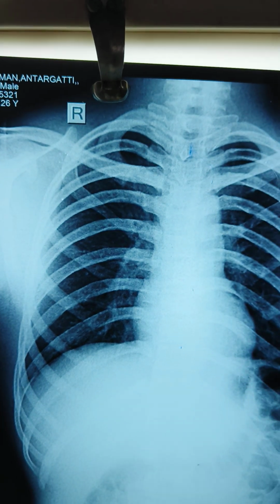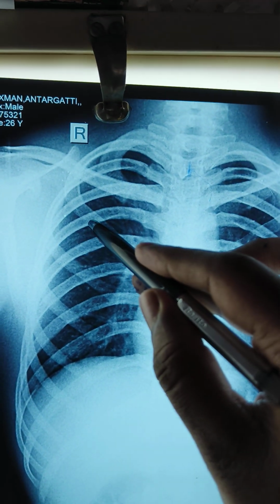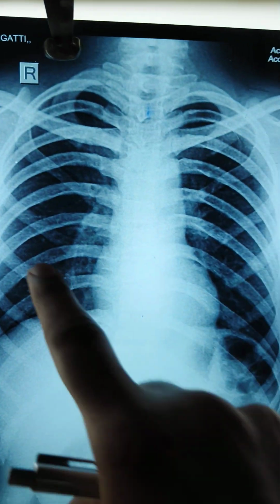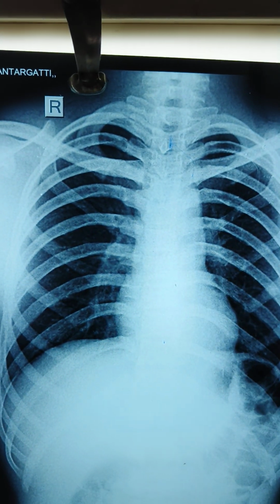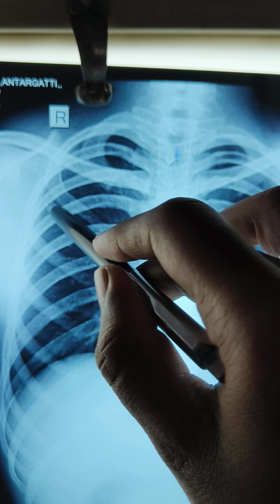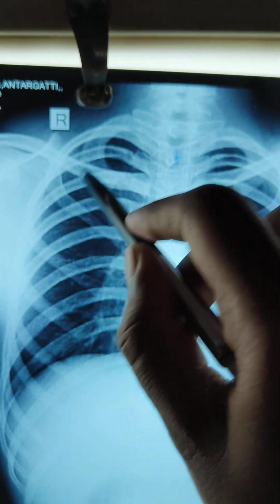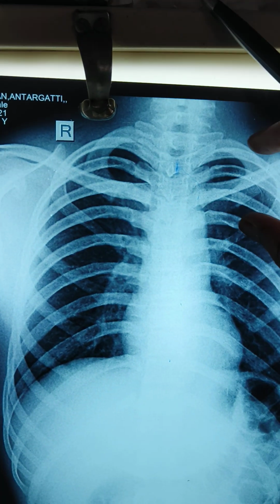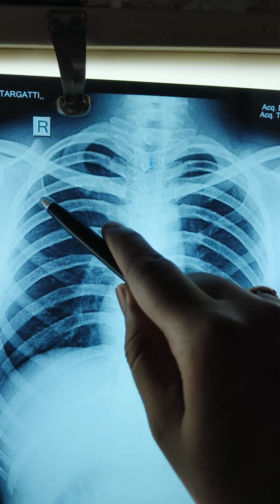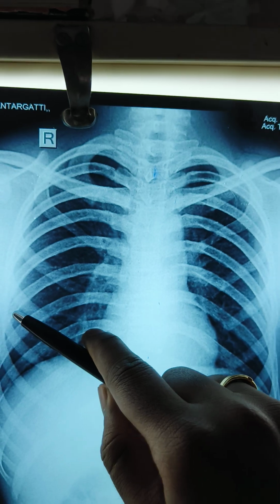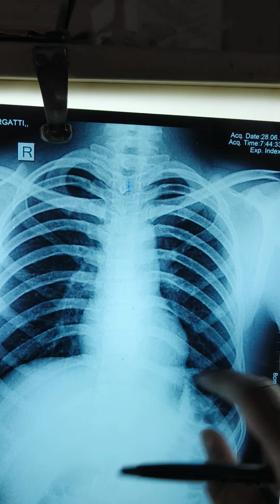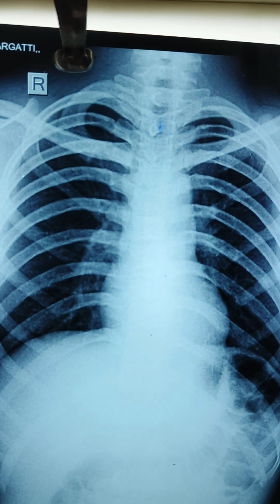From the anterior end of the second rib to the anterior end of the fourth rib, it is the middle zone. From here to here, this is the lower zone. So this is very important.